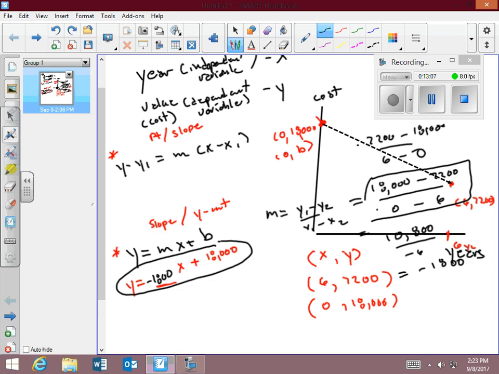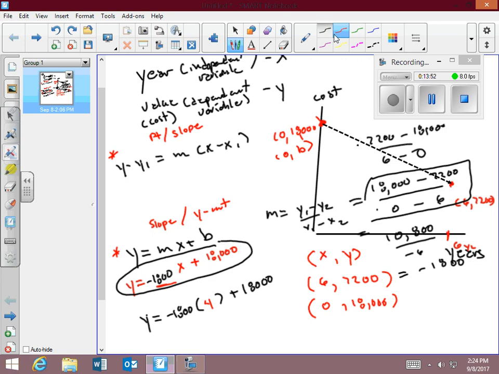What would I do to find the value of the motorcycle after 4 years? I'm going to use that equation, and what would I put where? Okay, that's right. I would take my equation and for x, I would put 4, right?